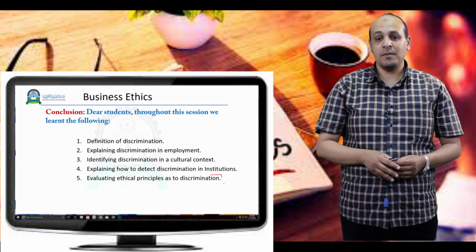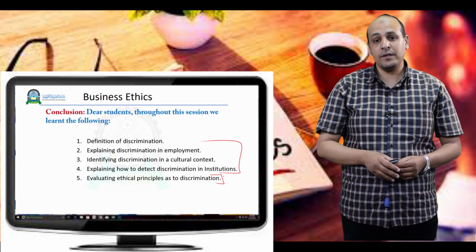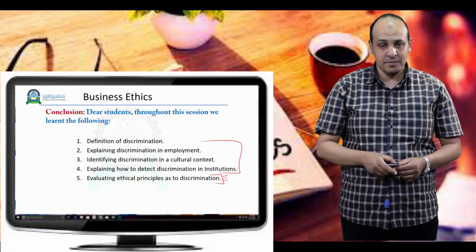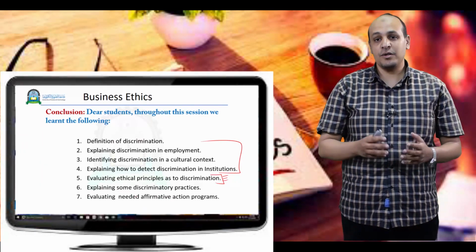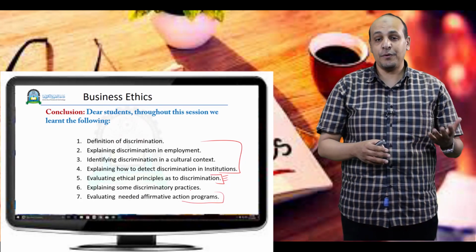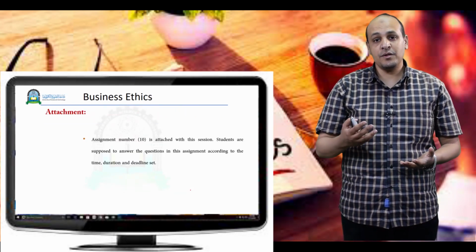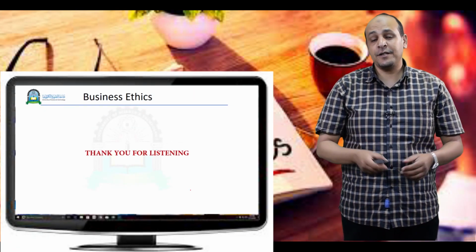We explained some discriminatory practices. And finally, we discussed and evaluated the needed affirmative action programs. You have an assignment attached to this subject, so students should go and address these different questions in terms of theories first developed and in terms of the students' point of view regarding different contexts and cultural heterogeneity.